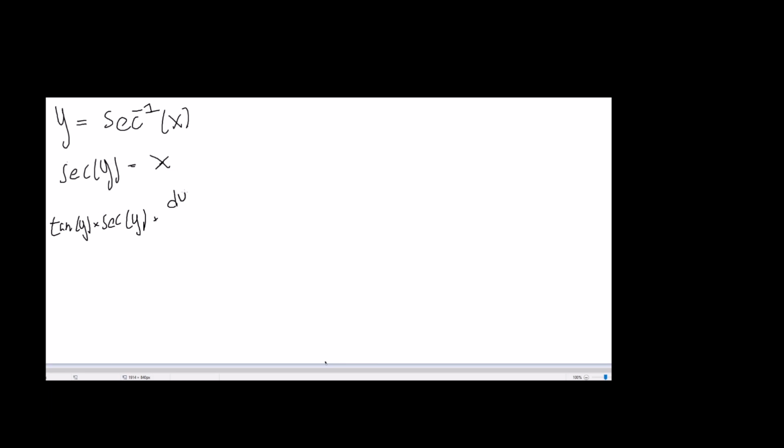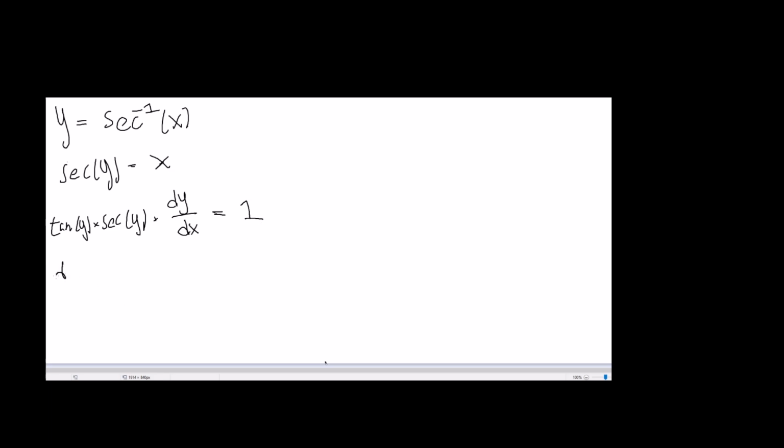is y. So dy over dx, since we're deriving with respect to x, and dy over dx is of course what we're solving for, and the derivative of x with respect to x is of course equal to 1.